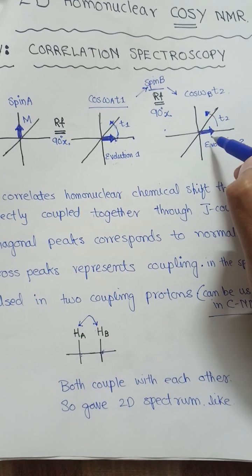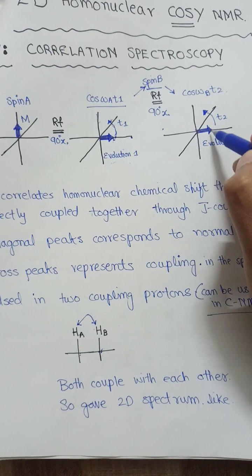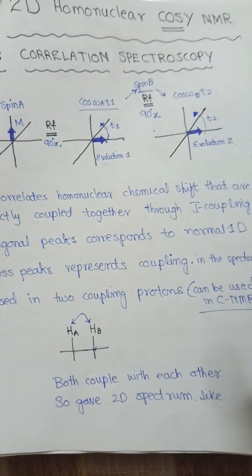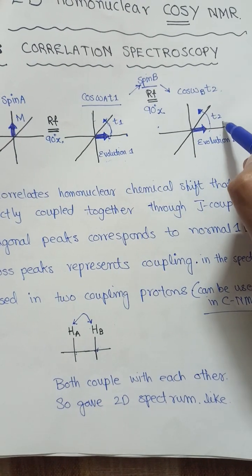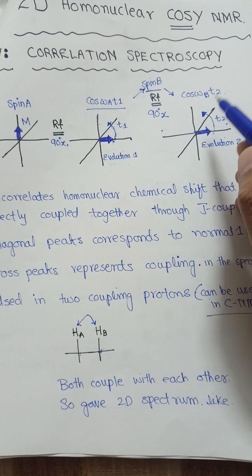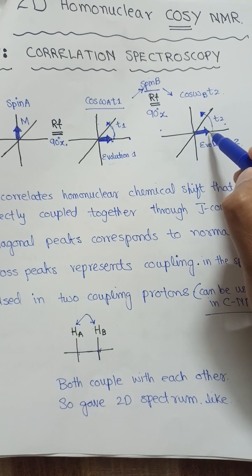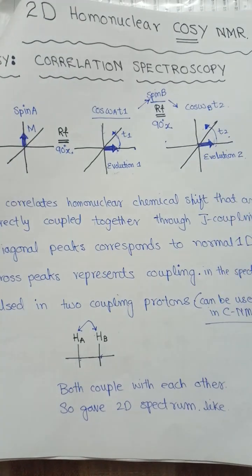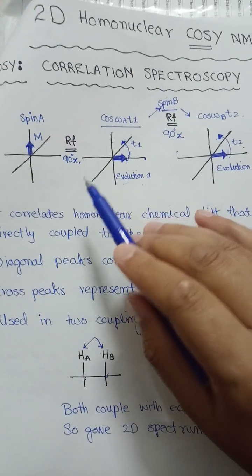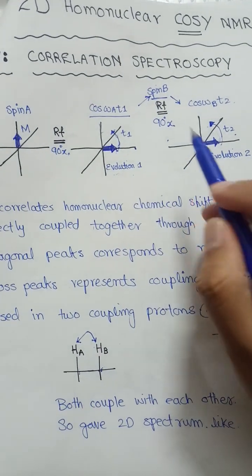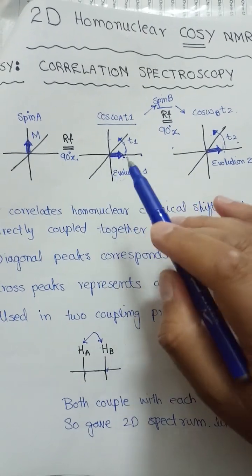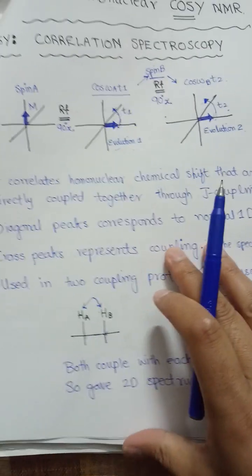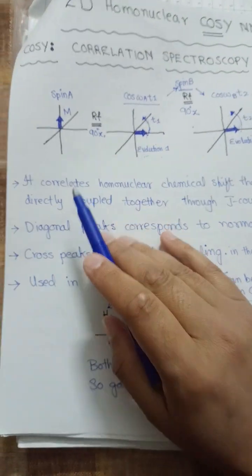After this it will also get relaxation, which is in t2 time. So this is our evolution time 2, in which the second proton will go to relaxation. In this way we study the effect of A on B and the effect of B on A. Both of these effects will be determined during these two pulses.